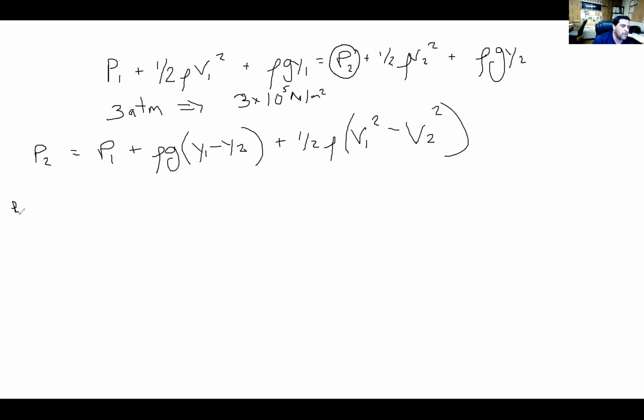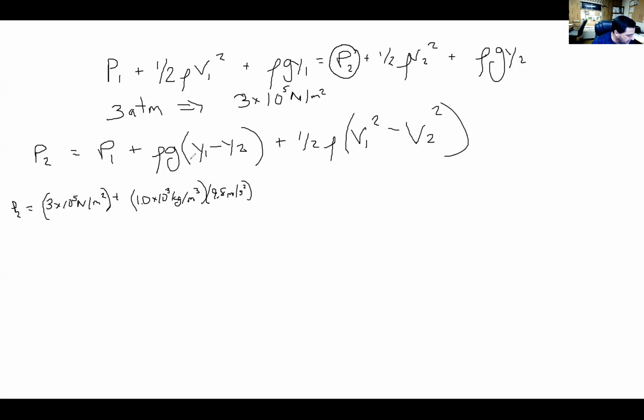So P2 is going to be our 3 times 10 to the 5th newton per meter squared. There's P1. Density of water, 1.0 times 10 to the 3rd kilogram per meter cubed, times 9.8 meters per second squared.